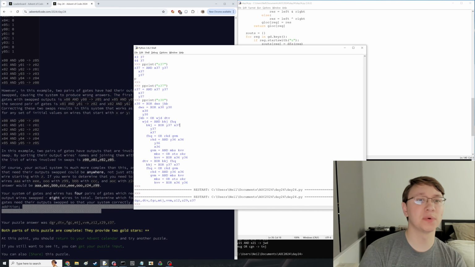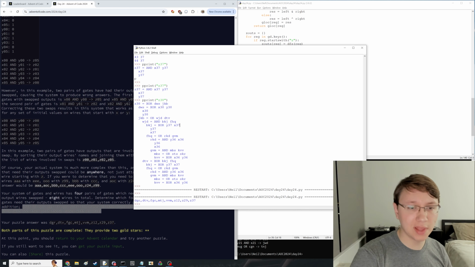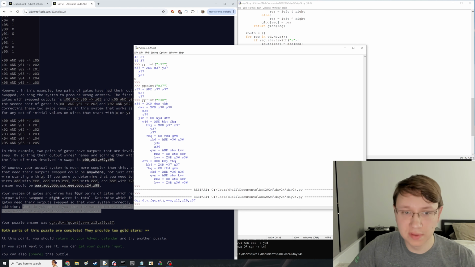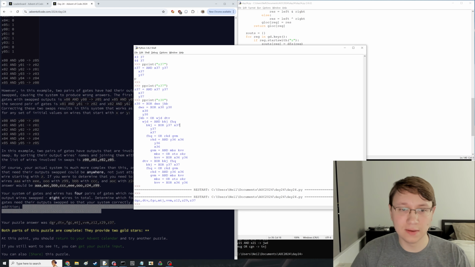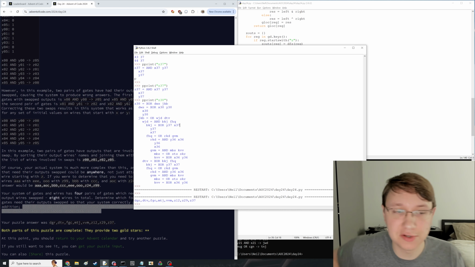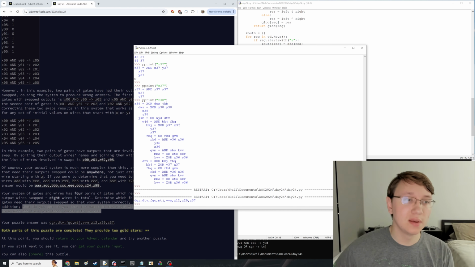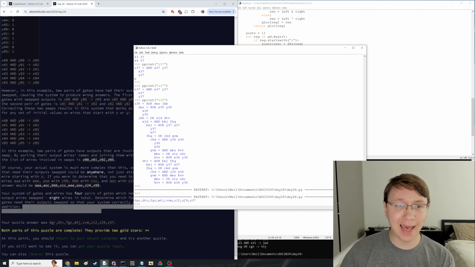Part of what I did was understand what the circuit should look like at a very, very vague level. And then more manual introspection, as well as trying some inputs. That was my general approach. I didn't really have a very concrete approach going into this.